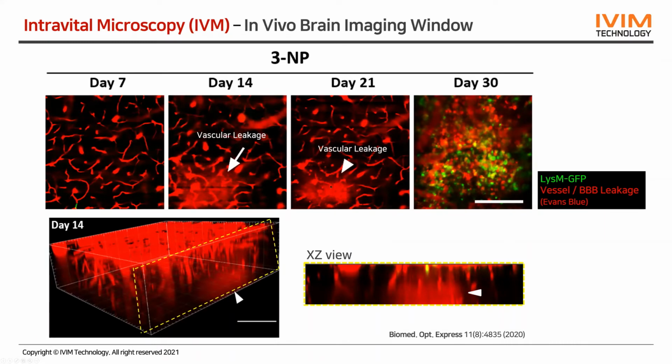This vascular leakage was sustained up to 21 days. At a later time point, we can see the infiltration of RIG-MGFP expressing granulocytes in this area. So BBB dysfunction followed by the infiltration of granulocytes can be monitored in the same mouse over the time course of 30 days.